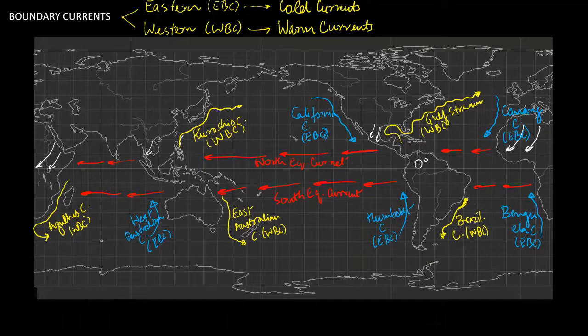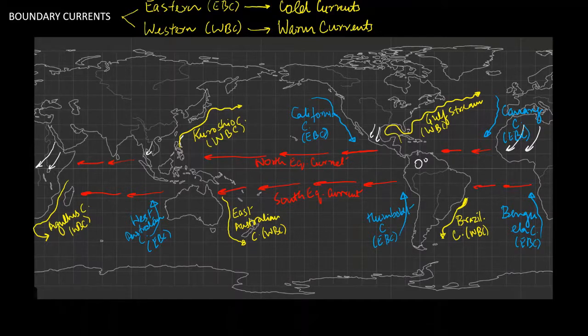The north and south equatorial currents are the direct result of the trade winds. And the water which is being carried by the currents along the western boundary of the ocean, they are called western boundary currents, and they are warm currents.